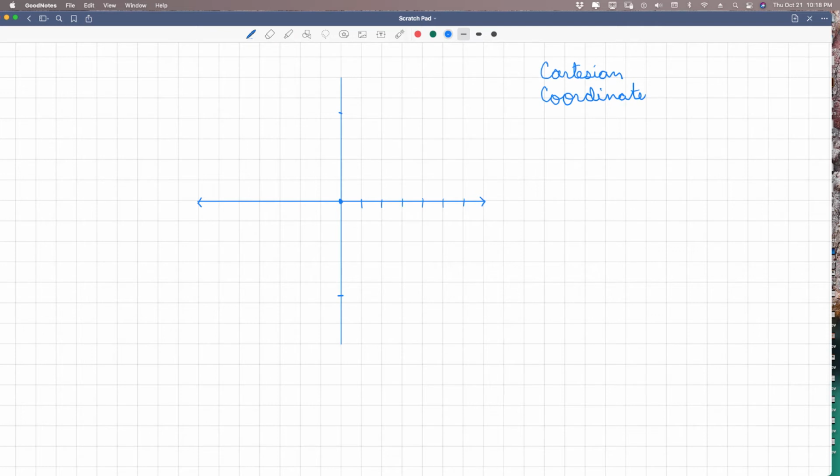This way is positive. To the left of 0 is negative: negative 1, negative 2, negative 3, negative 4, negative 5, negative 6. So this side is negative. Okay? Now, this is called our x-axis.